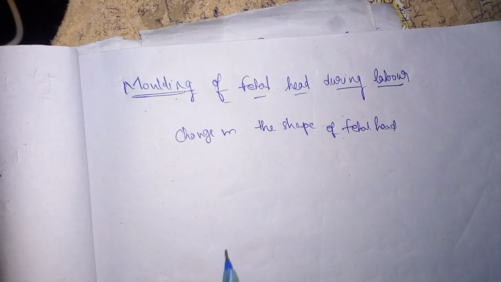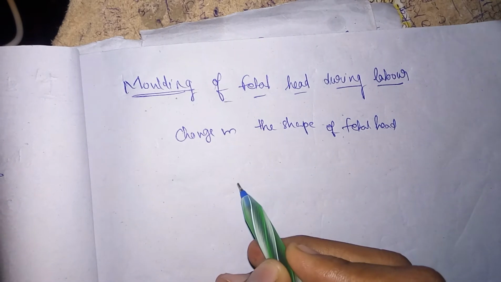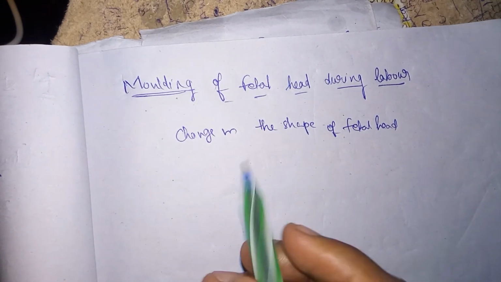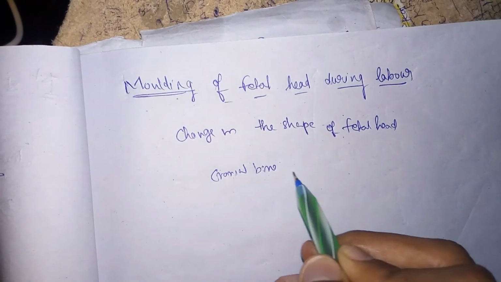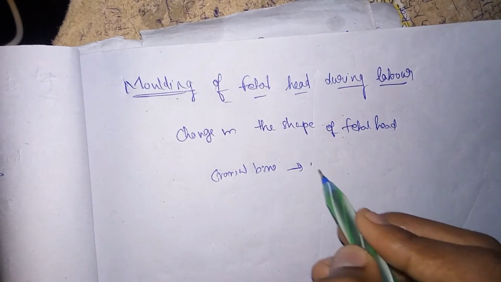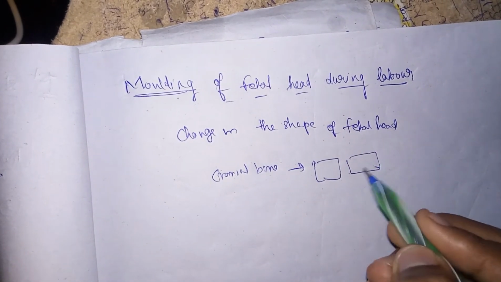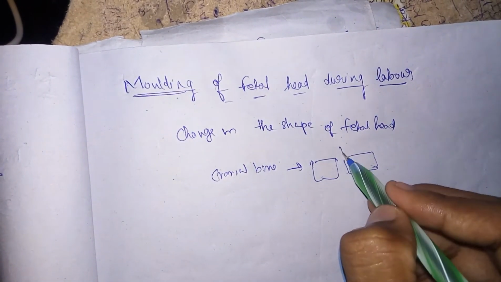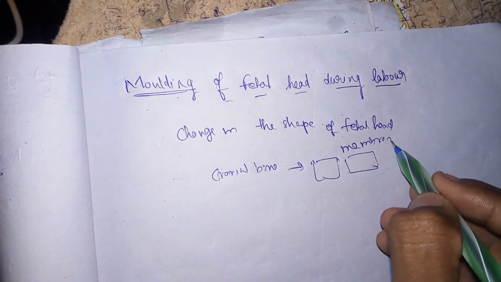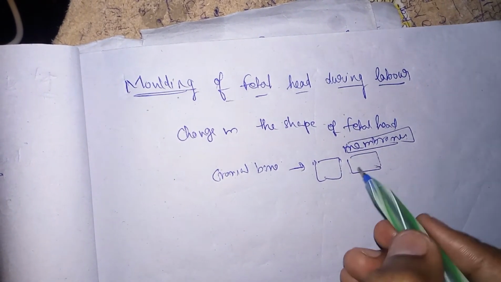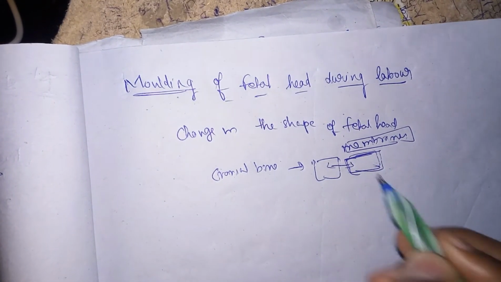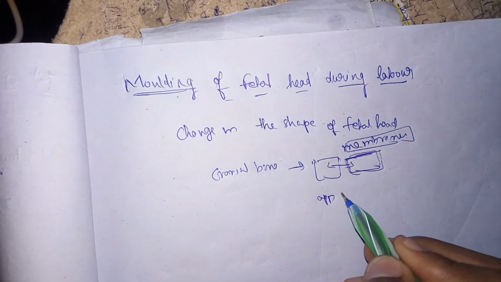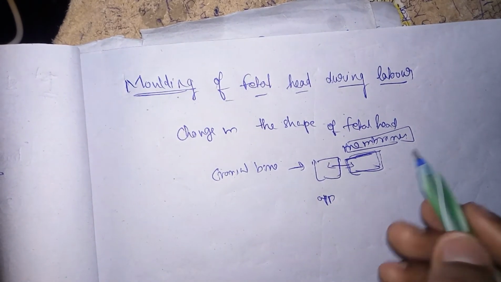During molding, what happens is, as all of us know, during intrauterine life, in between the cranial bones we have membranes, right? So in between the fetal cranial bones we have membranes. During labor, these cranial bones will approximate each other and they can also override on each other.